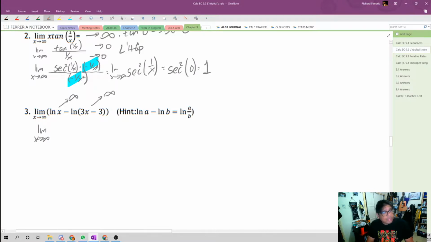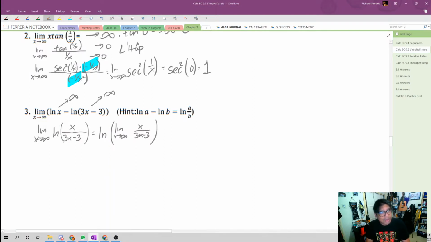So this is the natural log of x over 3x minus 3. Now that you've done that, this is equal to, and I think you guys saw me do this the other day, the natural log of the limit as x approaches infinity of x over 3x minus 3.